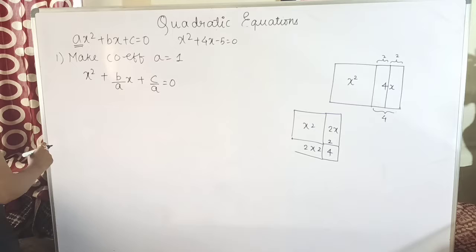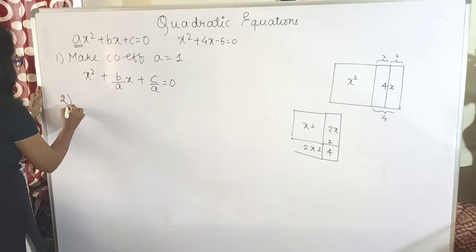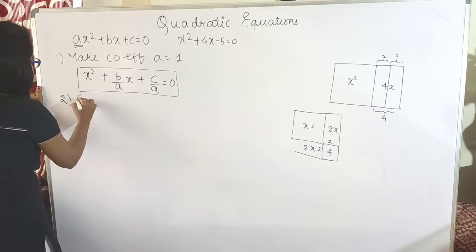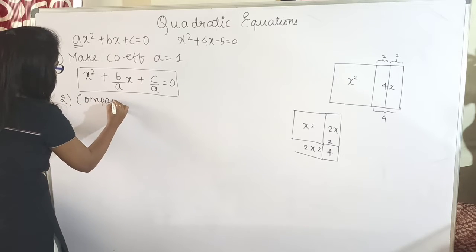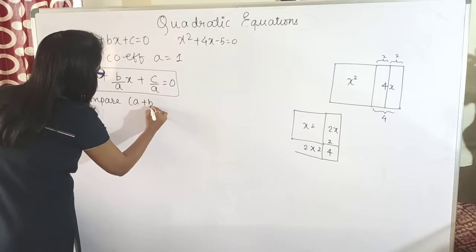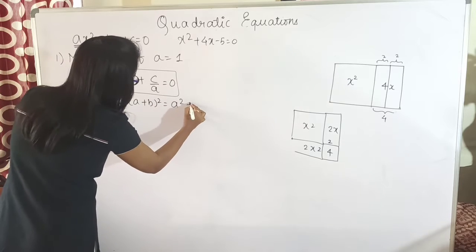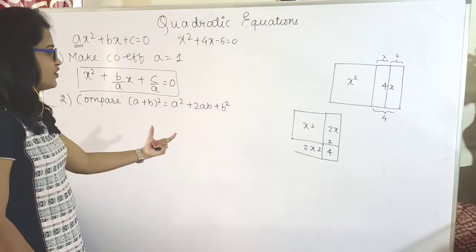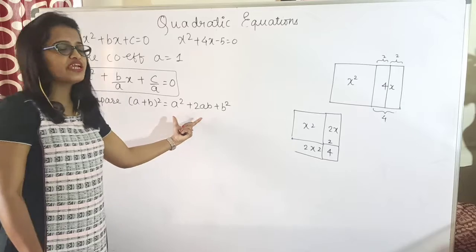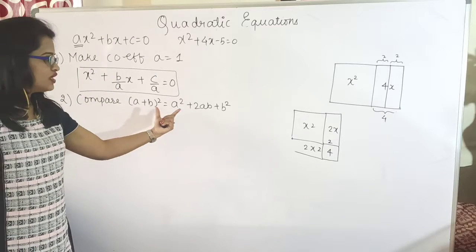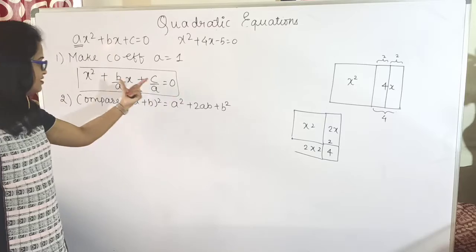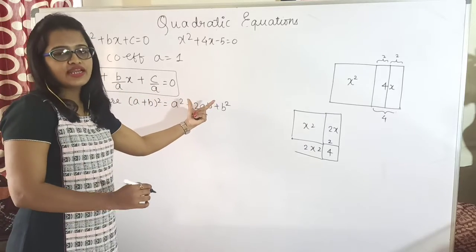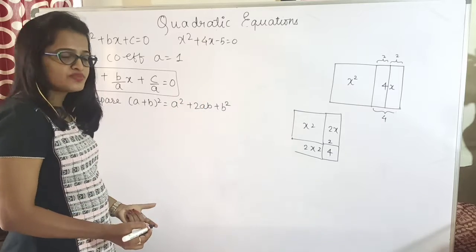It means in the next step you have to compare this equation with the identity (a plus b) whole square, which gives me a square plus 2ab plus b square. Why? Because if we obtain it in this form, then only we can write it in this form. So let us compare the right hand side, and whichever terms are missing, you have to add to it, and simultaneously you have to subtract also.